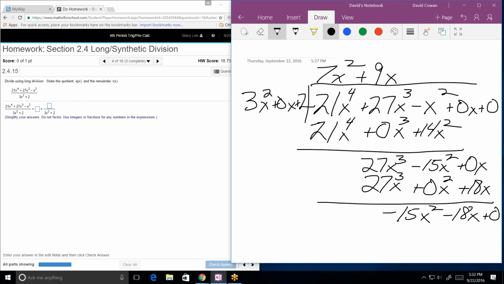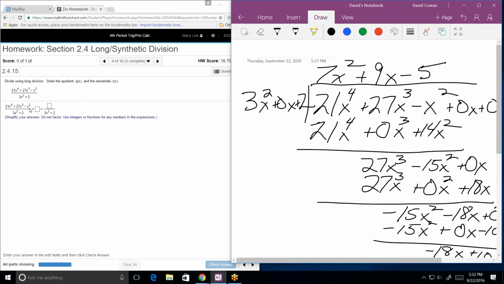And the next term, negative 5x, I think it's just negative 5, isn't it? Oh, yeah. Okay, and then let's see what our remainder is going to be here. That gives us that plus 0x minus 10. When I subtract, I get minus 18x plus 10.